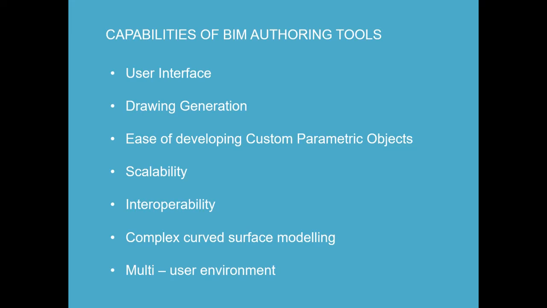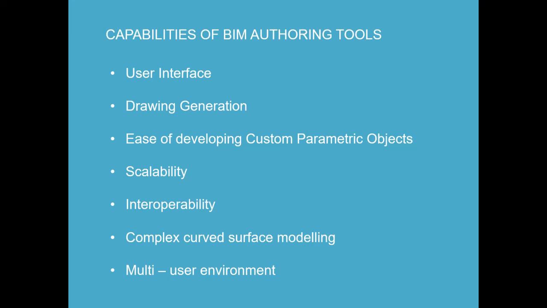In Navisworks, we have three different types of versions. First is Navisworks Freedom, then we have Navisworks Manage, and then we have Navisworks BIM 360. Navisworks Freedom is nothing but a model viewer. It is freely available. You don't have to pay for it, and you don't need a license.